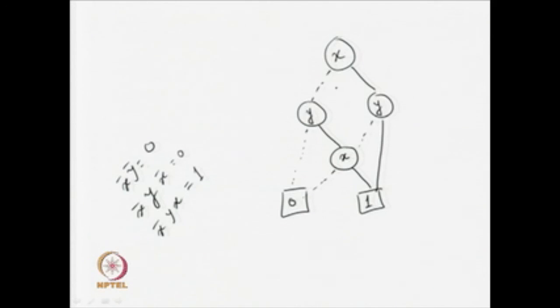Now, in this case, I have x bar, y, x bar is 0. Basically, I am looking at this particular path valuation: x equal to 0, y equal to 1 and x equal to 0. When I look into this valuation, I am looking at the valuation of x equal to 0, the valuation of y equal to 1, and the value of x equal to 1. Now, you see that in this particular path, the valuation of x is taken as 0 as well as 1.